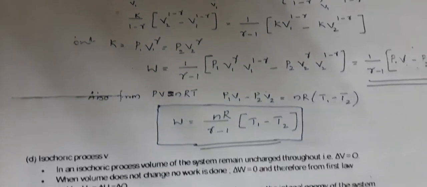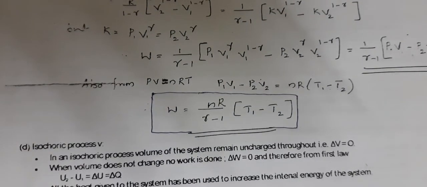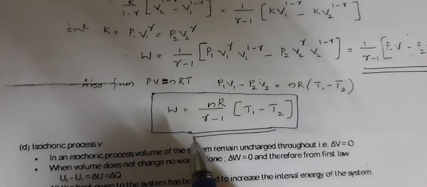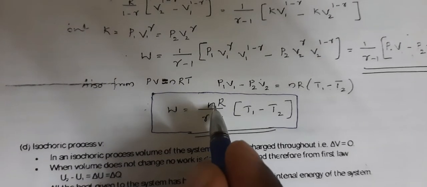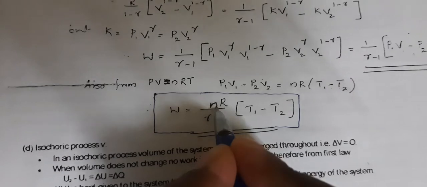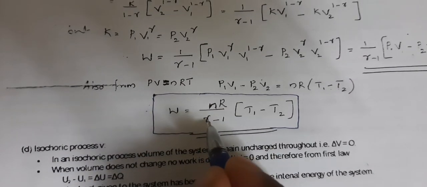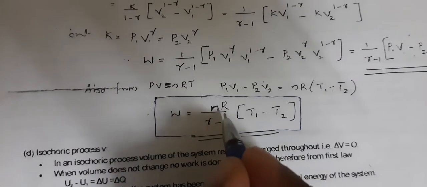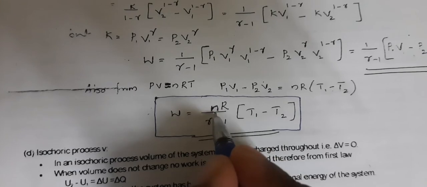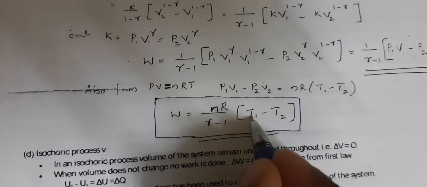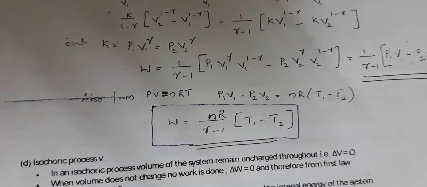So the work done for an adiabatic process is nR by (gamma minus 1) into (T1 minus T2), where gamma is Cp by Cv, R is the gas constant, n is the number of moles present, and T1 minus T2 is the difference in temperature. So just take this equation alone, that is fine.